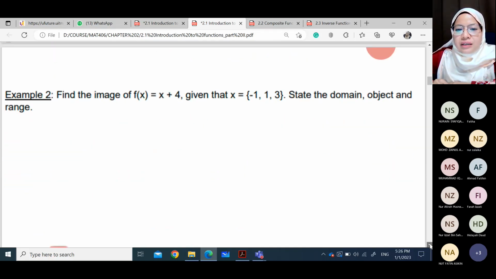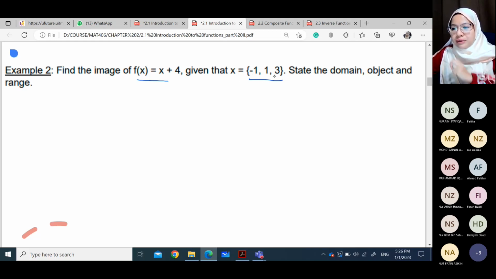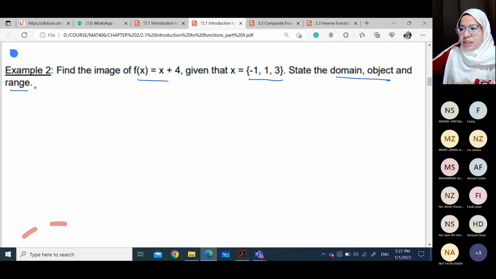Okay, so now look at this example. Find the image of f(x) = x plus 4, given that x is negative 1, 1, 3. So these are the values of x, or objects for x: negative 1, 1, 3. In this example, we need to state the domain, object, and range.